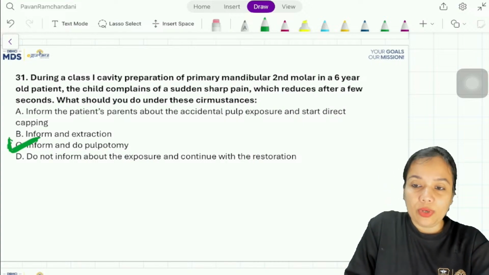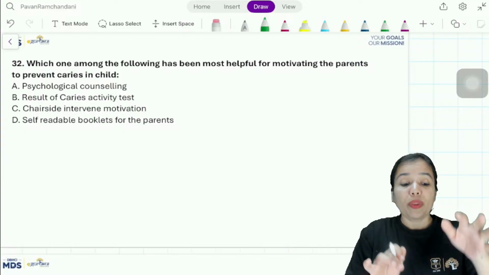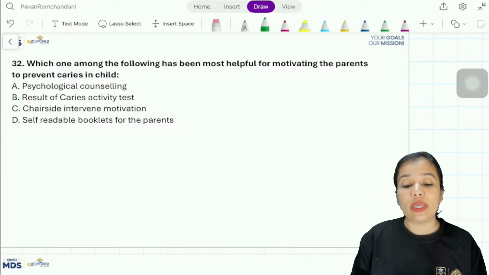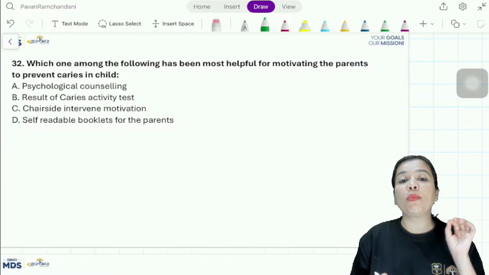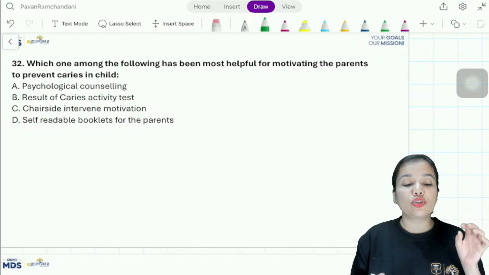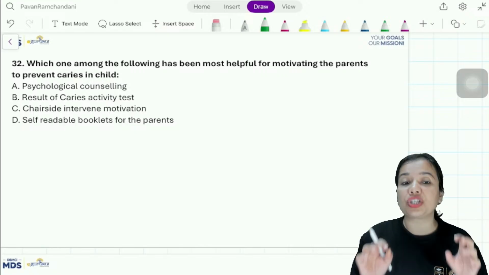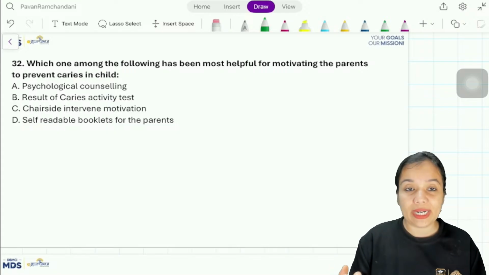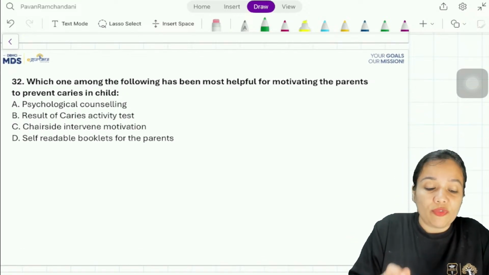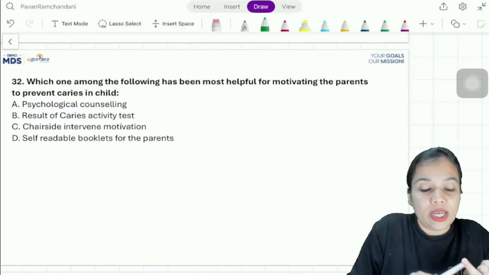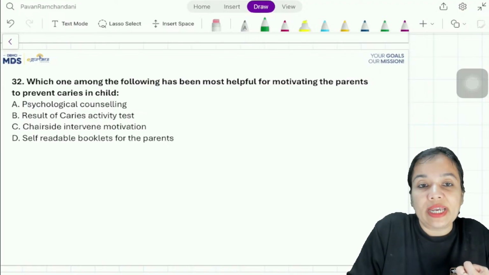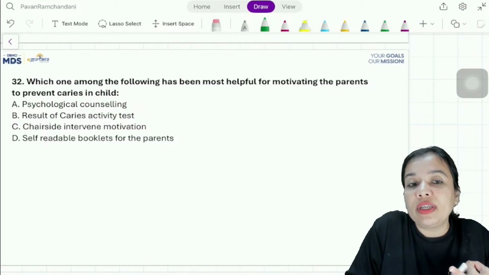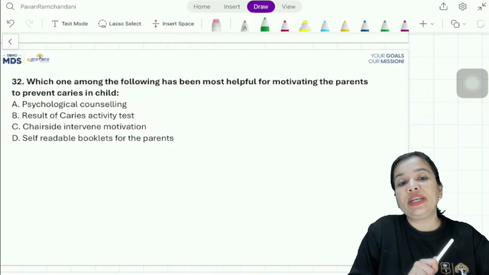Now you come on to question number 32. Which one among the following has been most helpful for motivating the parents to prevent caries in a child? So how do you prevent caries in a child? Whether it is psychological counseling, or result of caries activity test, or chairside intervene motivation, or self-readable booklets.